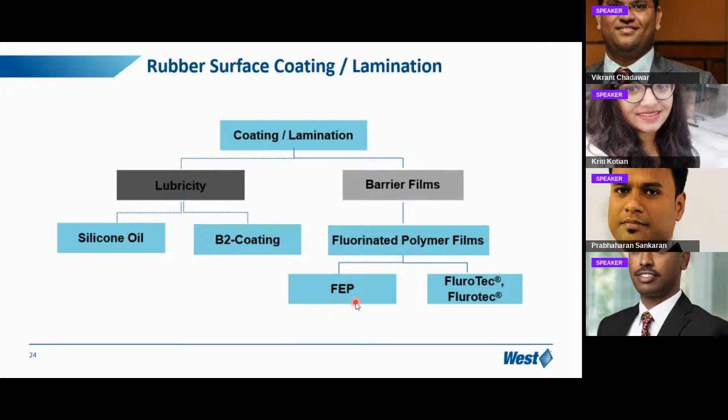In another version you can call it Teflon. Teflon is the name given by DuPont, so we cannot use that name, but Teflon is nothing but fluorinated ethylene propylene. While in the case of Fluorotec barrier film, it is ETFE, meaning ethylene tetrafluoroethylene. So there are two different versions we provide in the case of barrier films.